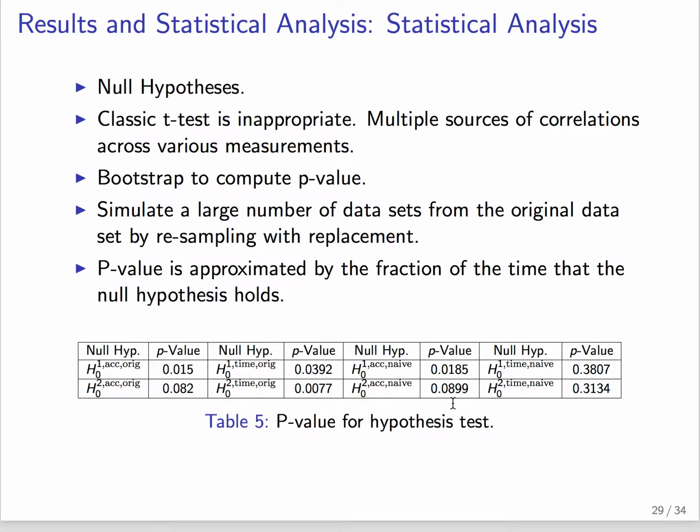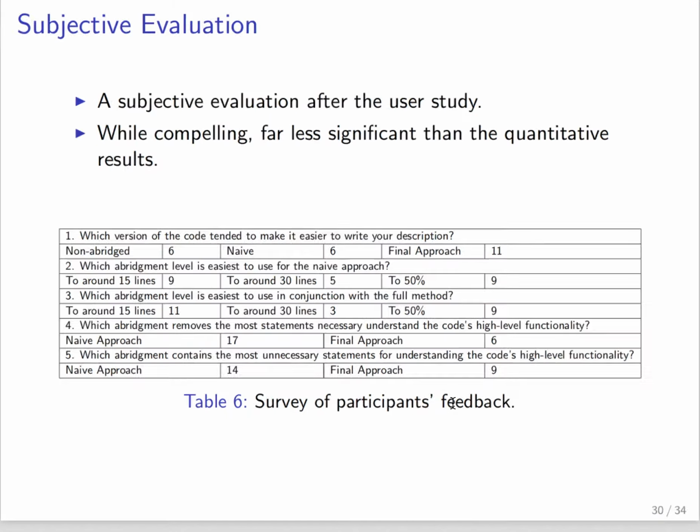And finally, we also conduct the statistical analysis to see if the result generated from this tool has some statistical significance, and we use Bootstrap to compute the p-value for those experiments, and the result turns out that our experiments have strong statistical significance.